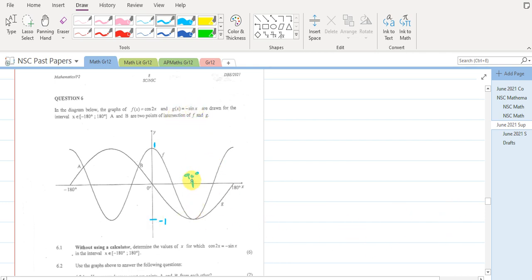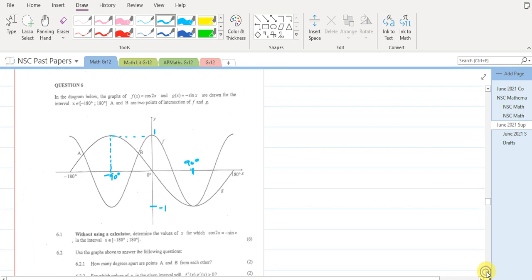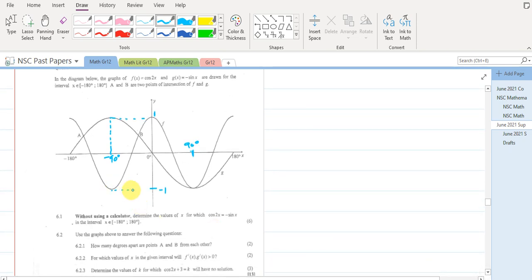Sine of 90 is 1, and negative is minus 1. So there's a point of intersection there. We can similarly do the same over here, right? You can see there's minus 90 here as well, right? And yeah, so everything is done, and the amplitudes of both the functions are 1 and minus 1.